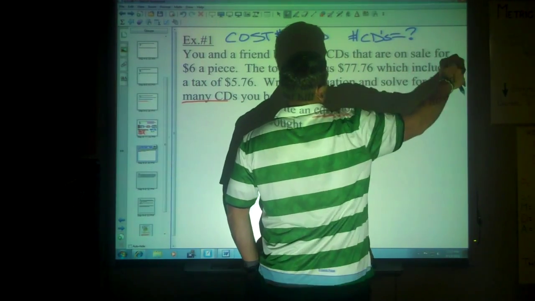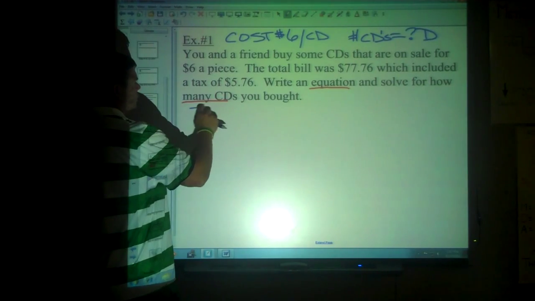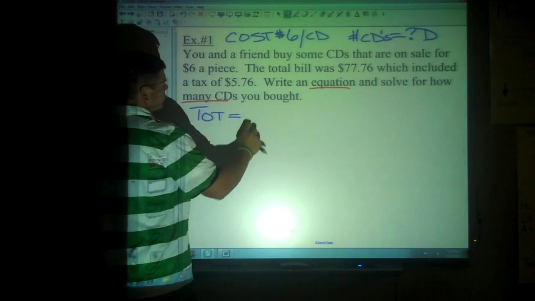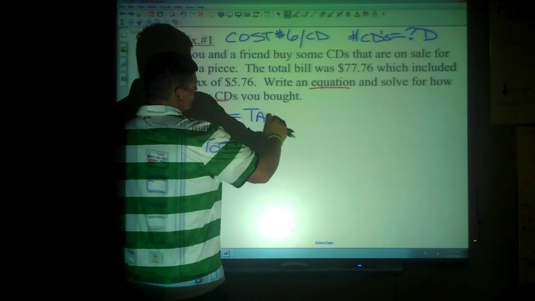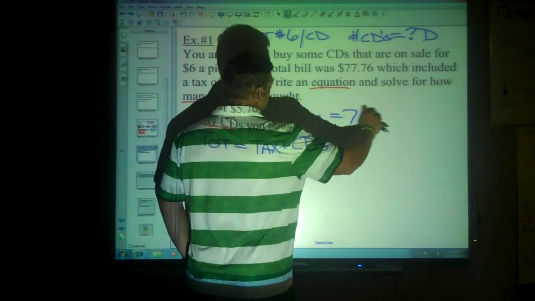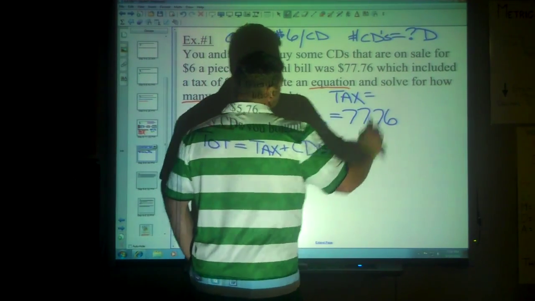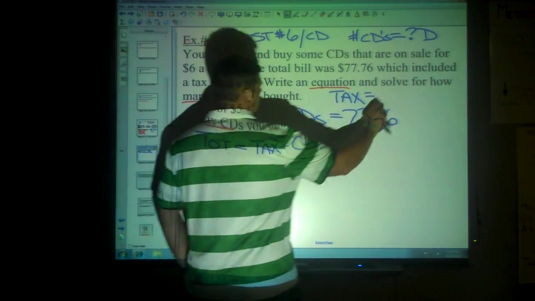That's an unknown, so we'll call it D for discs. We do know the total. The total is equal to the tax plus the CDs. And we know that equals $77.76. And we know the tax is equal to $5.76.